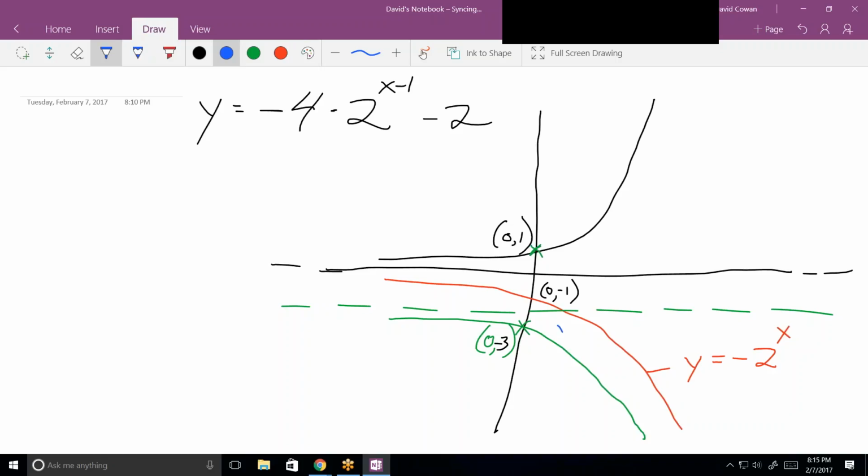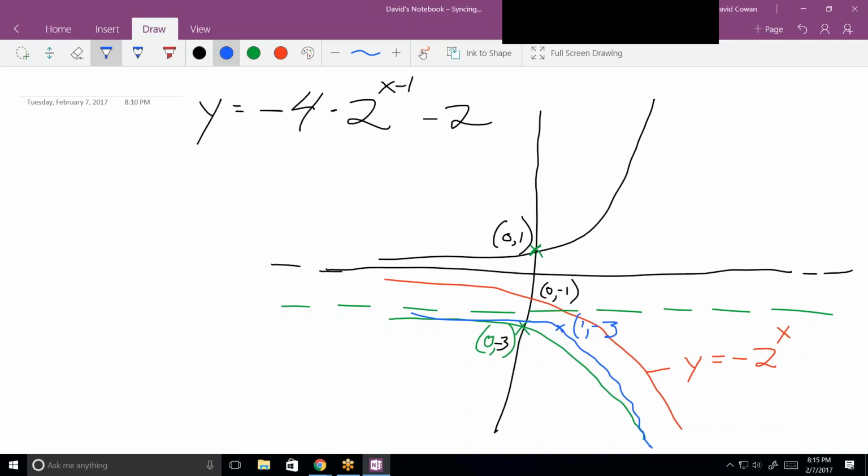So this point right there becomes 1, comma, minus 3. And the thing has to go through that. So that will look something like that. And then lastly, I got to stretch it by a factor of 4.